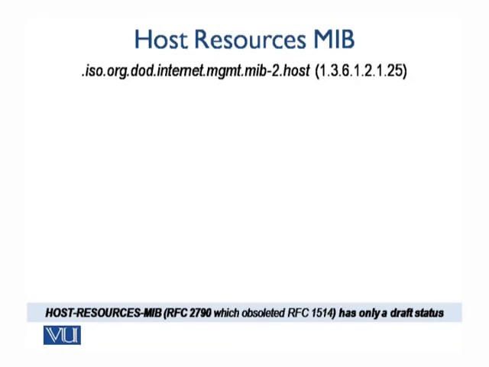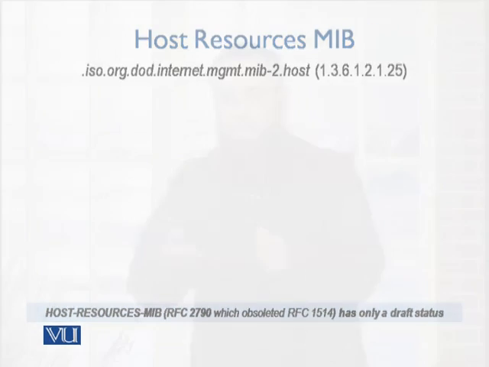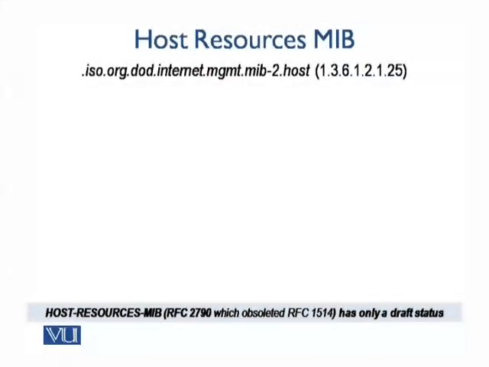Initially it was defined in RFC 1514, and then it was obsoleted by RFC 2790, and the host resources MIB, which is RFC 2790, currently only has draft status, which actually tells us that implementing this is not mandatory. And in fact, many vendors modify this basic host resources MIB according to their need, and have it as a separate MIB. But the idea is, if you want some generic information that is of finer detail than the ones that are offered by MIB-2, you may explore the host resources MIB.